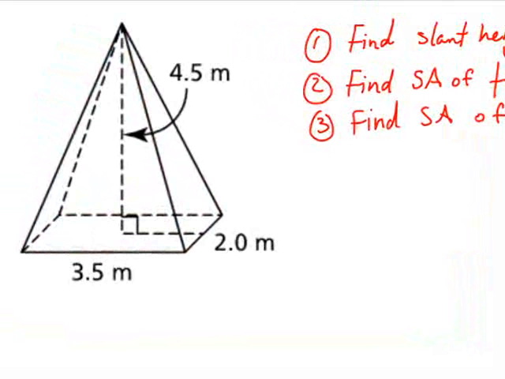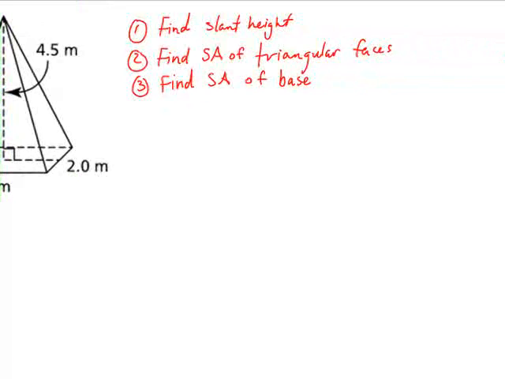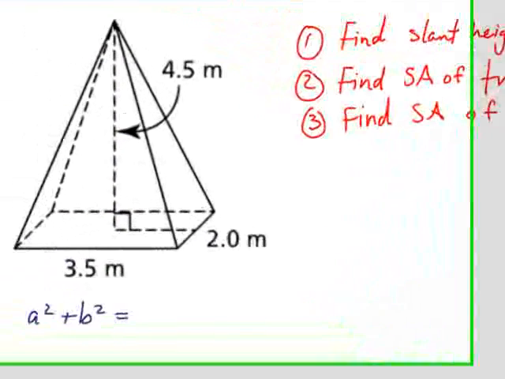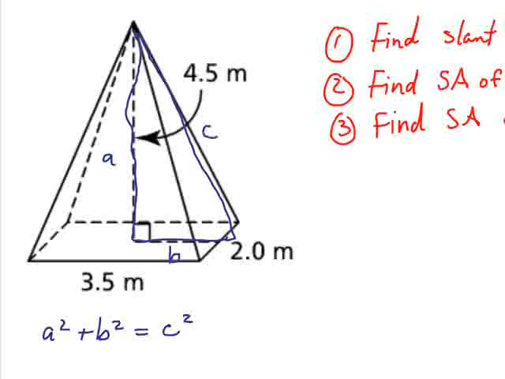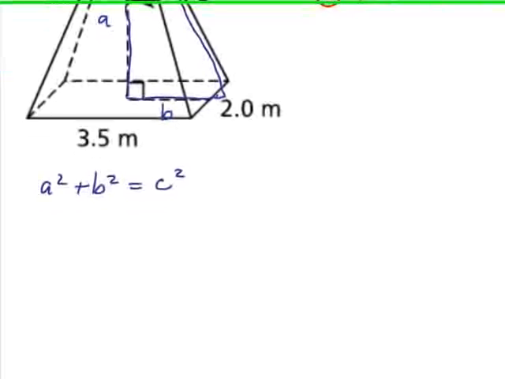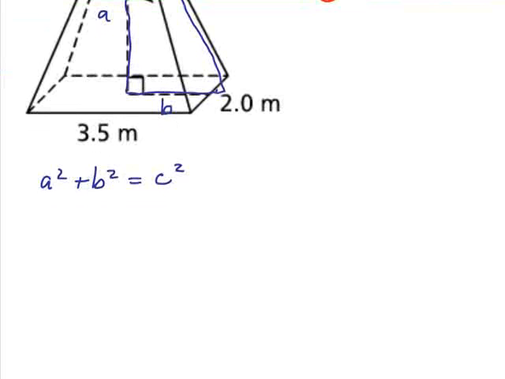So to find the slant height, we need to use Pythagorean's theorem, and that is a squared plus b squared equals c squared. Now if we look, we're going to use this triangle, and we're going to call the height A, the base side B, and then the slant height will be our C. According to our diagram, A is 4.5 meters.